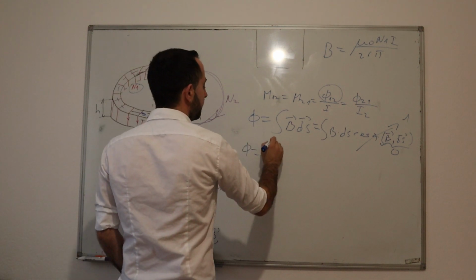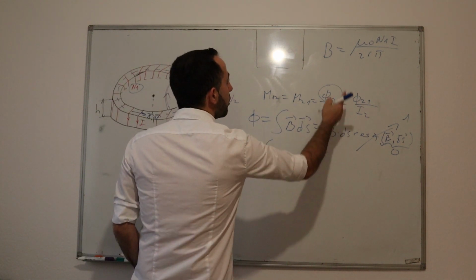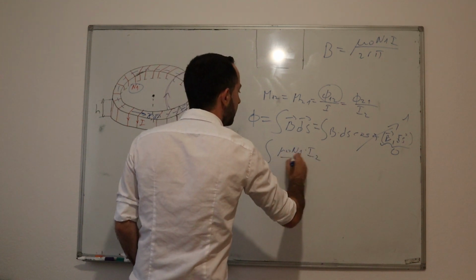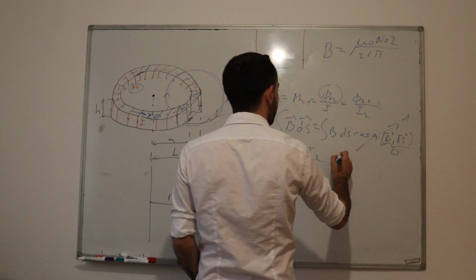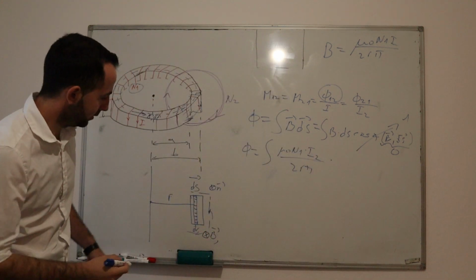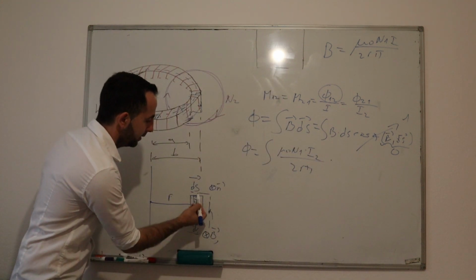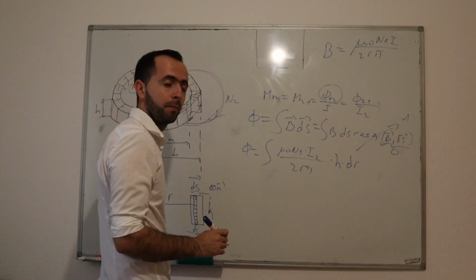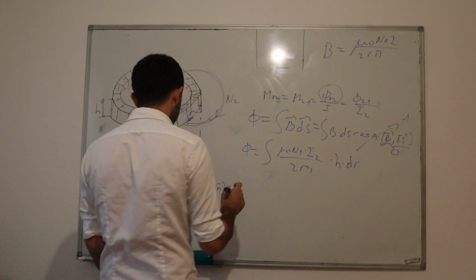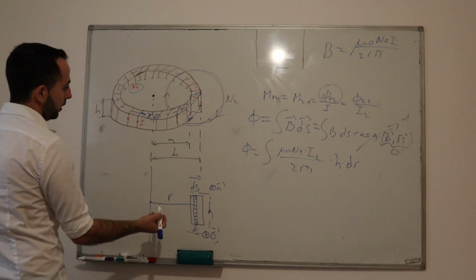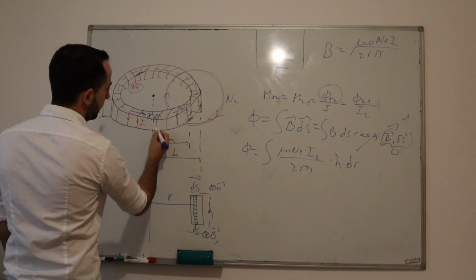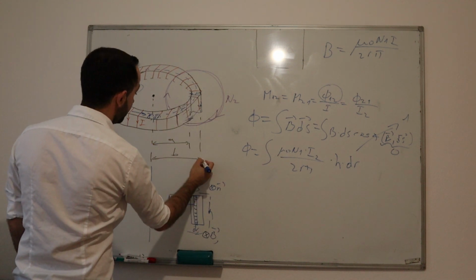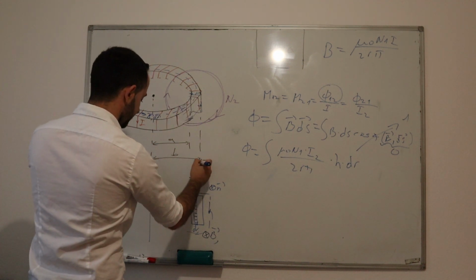So we will get that the flux is equal to, with our B being mu 0 N1 I divided by 2 pi r, times dS. What is dS? dS is the base times the height, which is h times the base dr. So what are the borders? As you can see, this toroid starts from radius a and it ends at b. Not a plus b, but it ends at b.